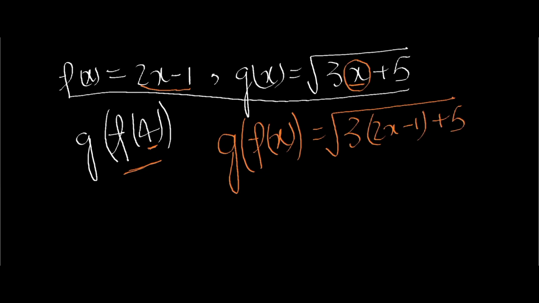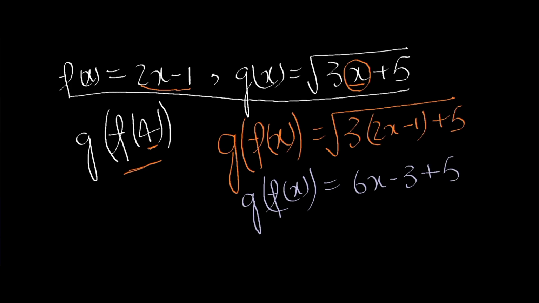Now I'm going to solve more. This would be the complete function: 3 times 2x is 6x, and 3 times minus 1 is minus 3, and then plus 5, and this is in the under root, don't forget.